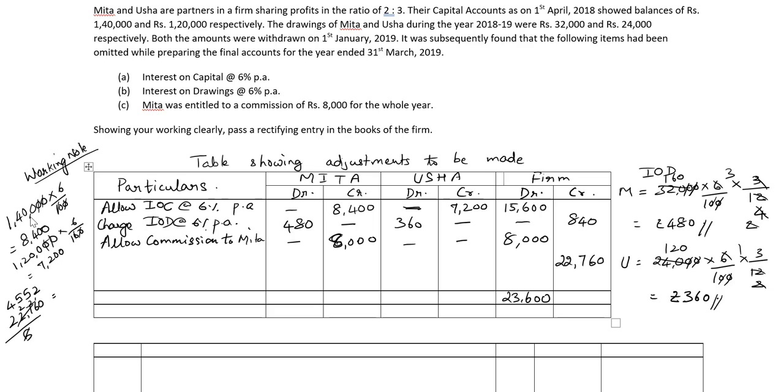is 4,552. This amount into 2 for Meeta, which is equal to 9,104. I'll have to debit the capital accounts, and 4,552 into 3 for Usha, which is 13,656.